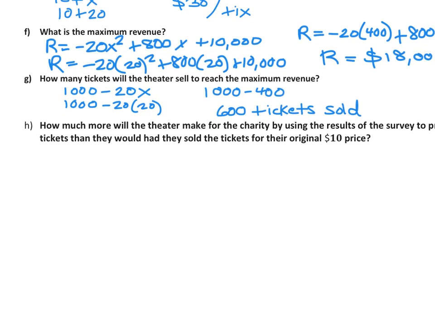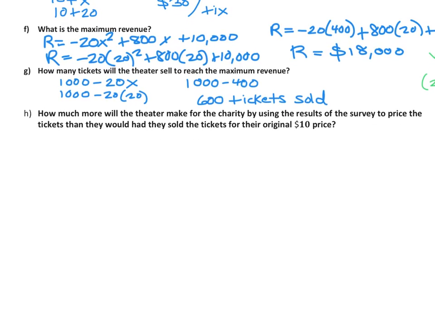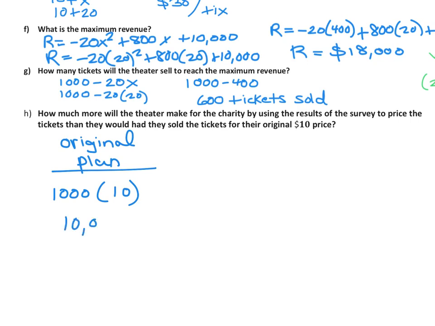Okay, so ultimately, what did that do for our charity? How much more money did the theater make for the charity by increasing the ticket price, at the expense of selling less seats? If you look at the dollars and cents of it, the original plan was to sell 1,000 seats at $10 per ticket, giving us $10,000 in revenue.